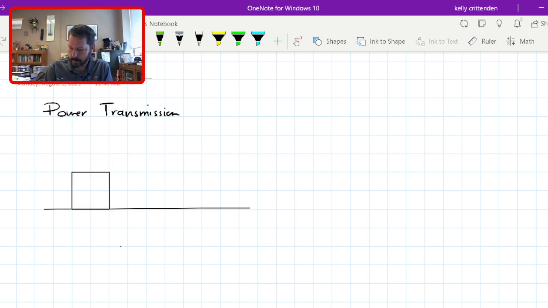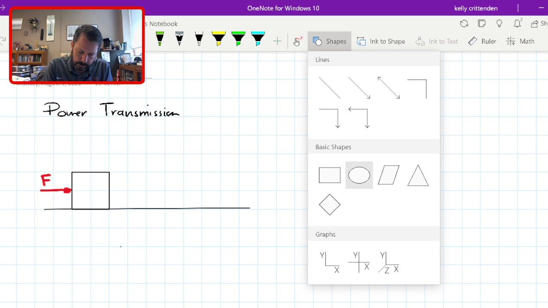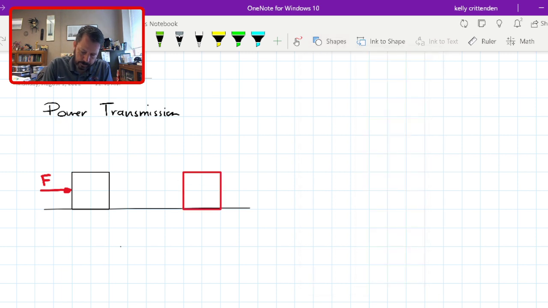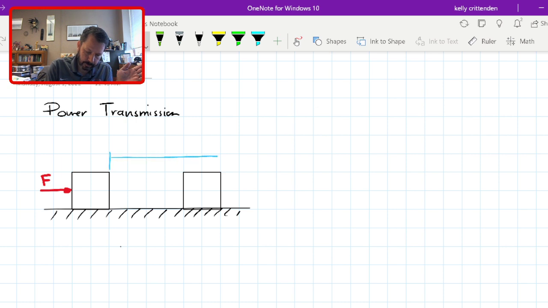Let's put a force on this box so that we can push it to the right here in our picture. So it ends up over here. Make it the same kind of box. So we've moved this box from here to here, some distance d.